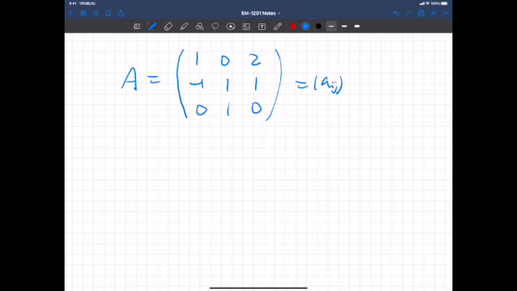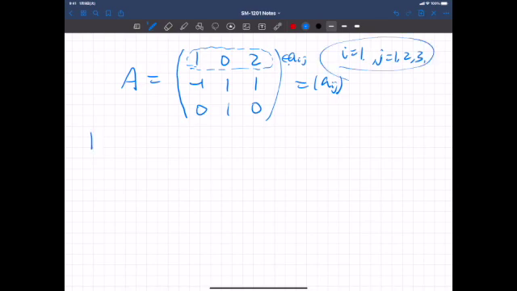To calculate this, let us pick the first row as i. So i is equal to 1, and j runs from 1 to 3.